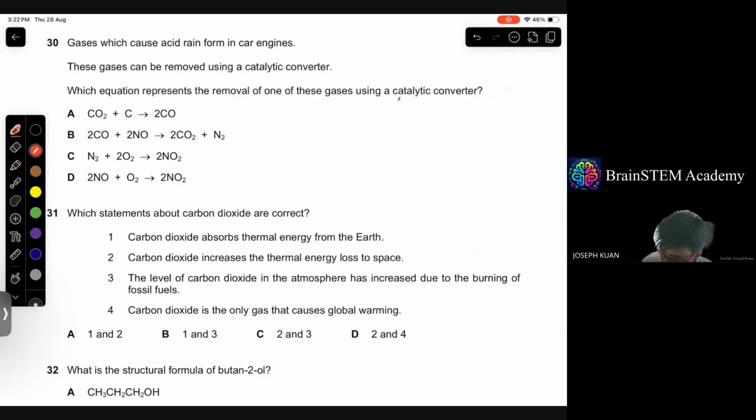When these two chemicals react with each other, it's a condensation reaction in which water, H2O, will be removed, and these two structures connect to each other. So this is our methyl ethanoate. Oops, sorry, did I make a mistake? Yeah, I made a mistake, sorry. This is propanoate, sorry.